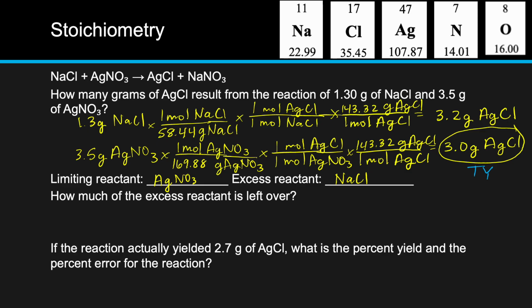Now it says how much of the excess reactant is left over. Now I know that I can actually make this much AgCl. So what we're going to do is we're going to take that 3 grams, and by putting 3 grams, we're actually putting in some error. So let's use the real number from our calculator so that we don't have any error in our question.